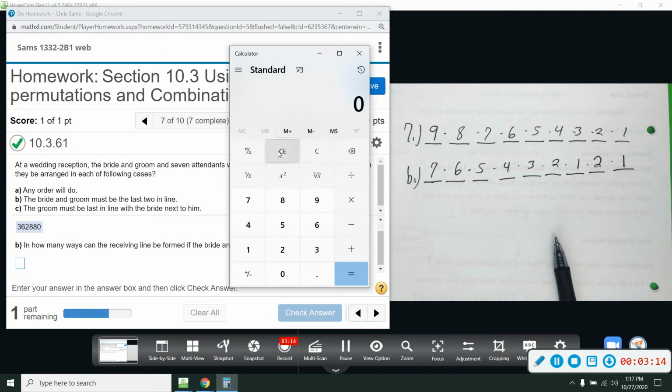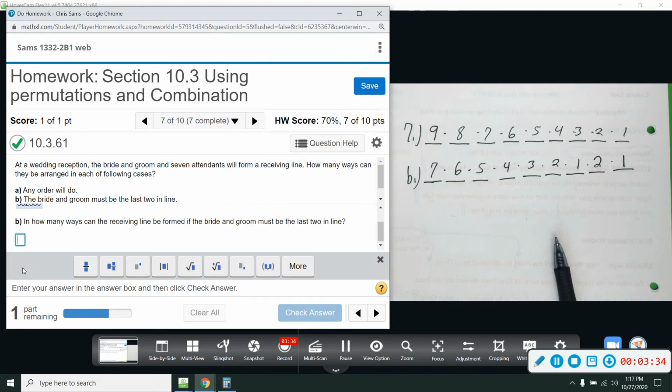Or we're going to do 7 times 6, 5, 4, 3, 2, 1, and then 2 and 1 at the end. So let's verify 7, 6, 5, 4, 3, 2, 1, 2, 1. Okay, 10,080 is what we get.